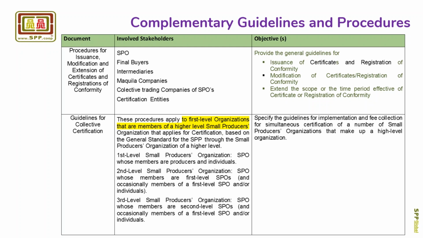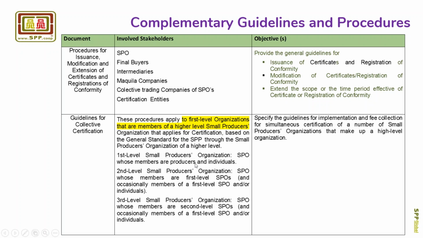Then you can see that the first level is the simplest because their members are individuals, but in the second their members are first level SPOs. In the third level their members are second level, and it could be first level.